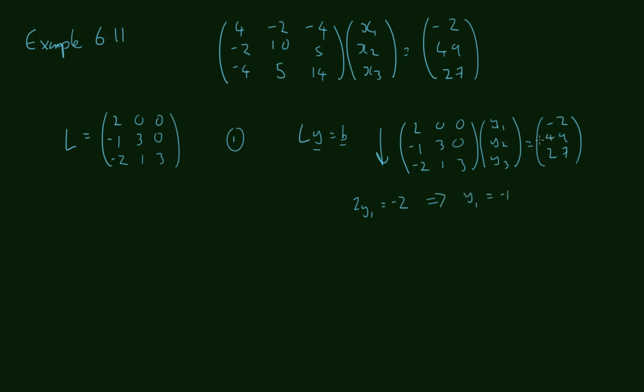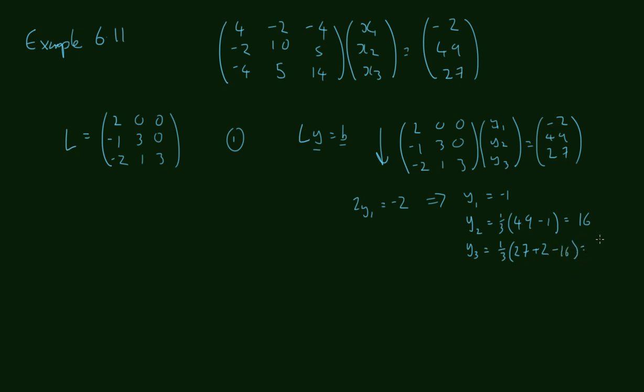On the second one, the coefficient of y2 is 3, so y2 is 1/3 times 49 minus minus 1 times y1, so that's 48, which gives 16. For y3, the coefficient is again 3, so we have 27 plus 2 minus 16.